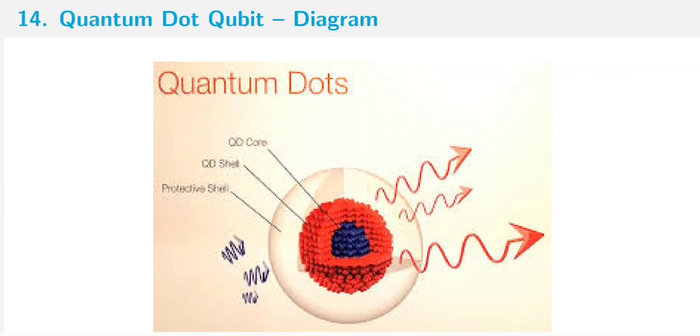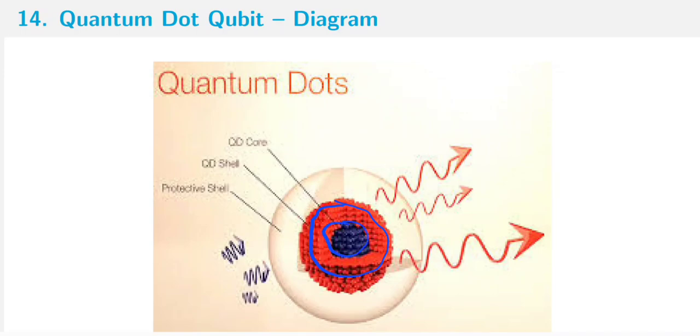So now moving on to the pictorial view. Here the colored layers show the inner core and the outer shell of the quantum dot. This is the outer shell, and this is the quantum dot.